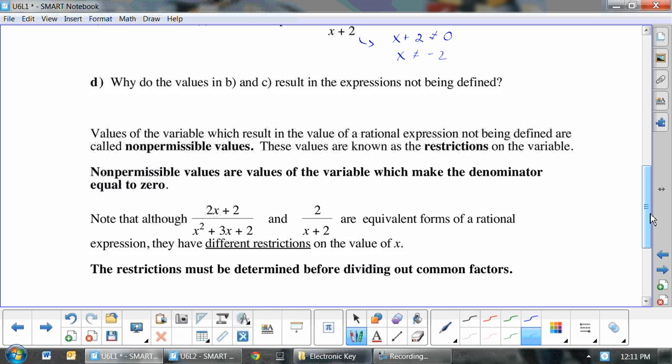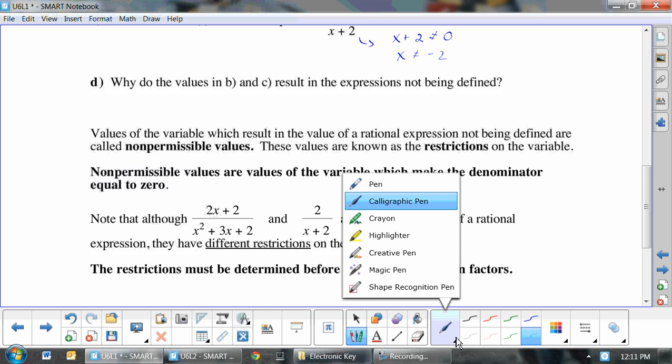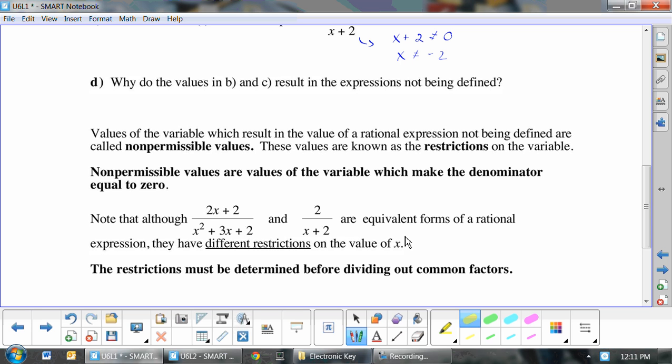Okay, so here's some pretty solid study note stuff. Non-permissible values are the values which make the denominator equal to 0. They're also known as the restrictions on the variable. So if you get a question that asks about the restrictions, you're asking what can x not equal.